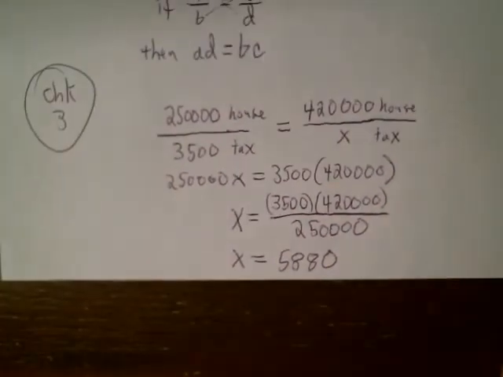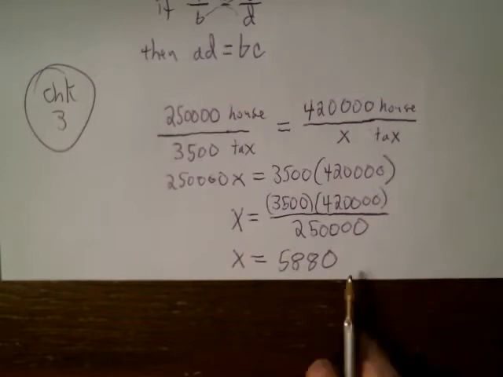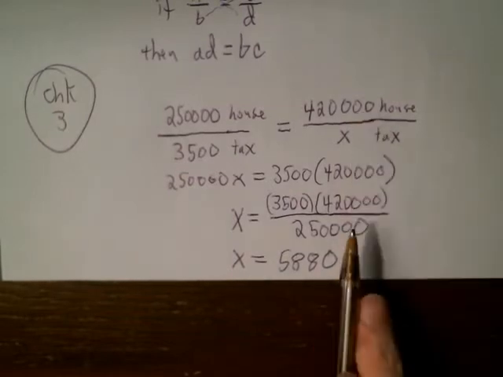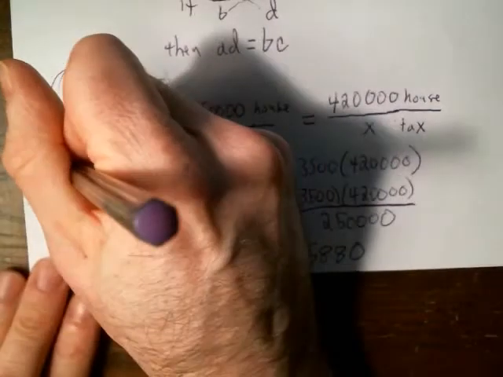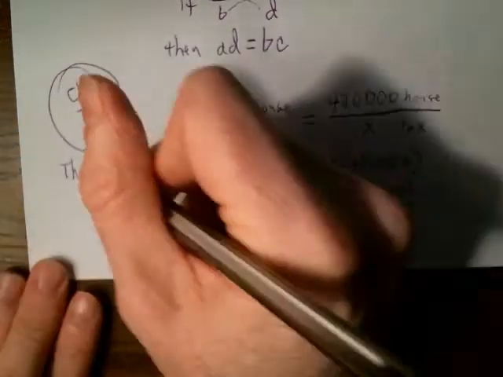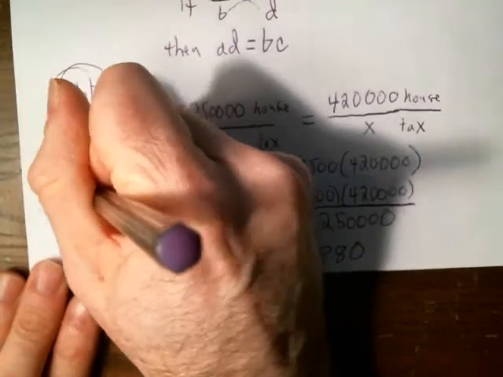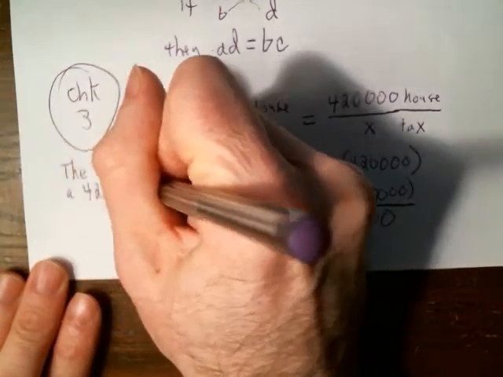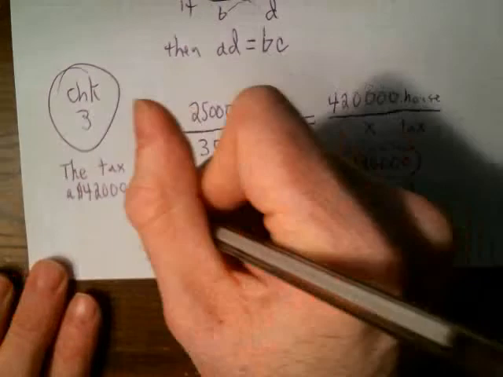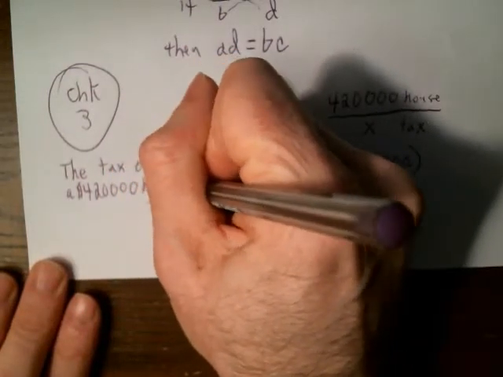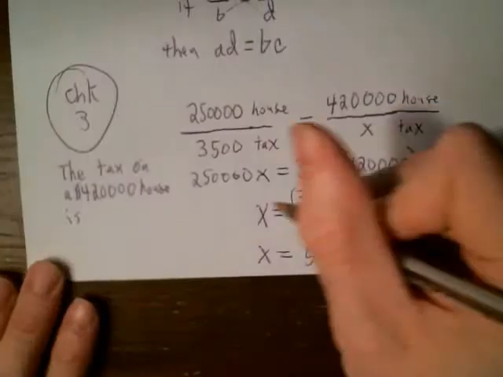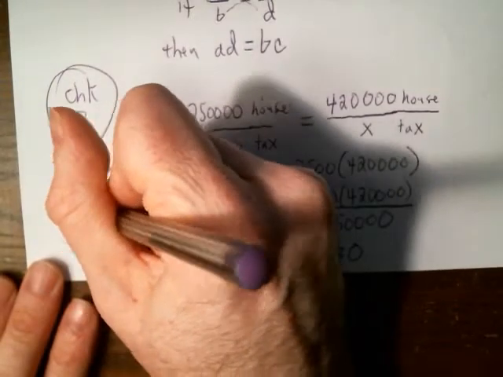Okay. Still, we want to write up our answer. And what was that? That was the tax on this house. Okay, so the tax on a $420,000 house is $5,880.